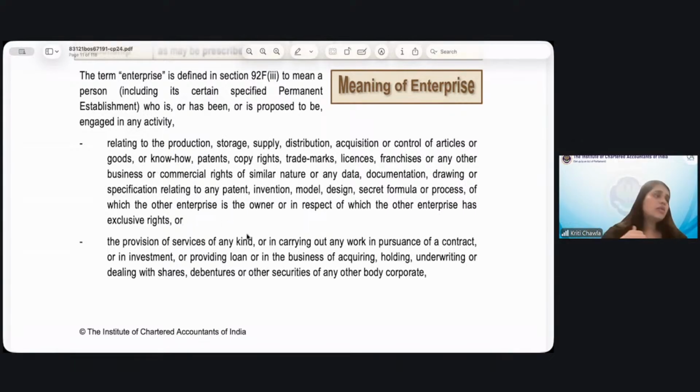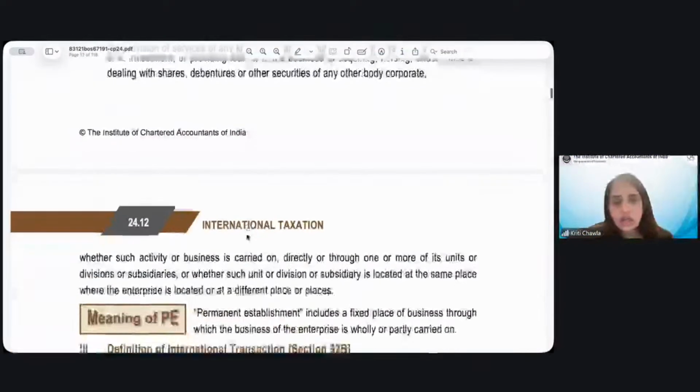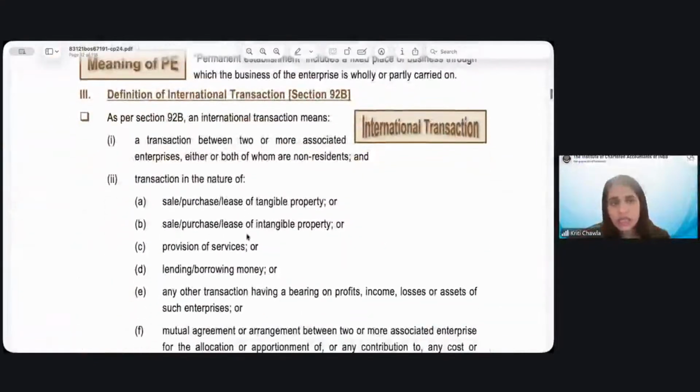It could be production, it could be storage, supply, distribution, etc., or it could be secret formula, intangible transactions, etc., or it could be a service transaction, so services of any kinds, providing loan, etc. Those are basically an enterprise.